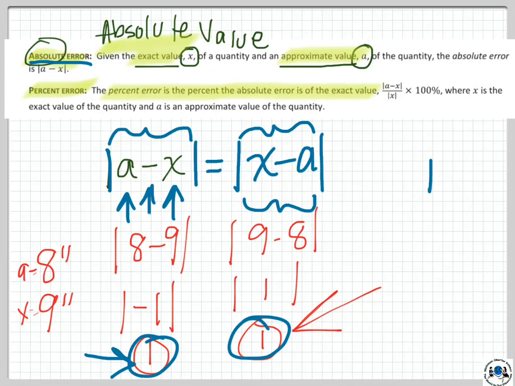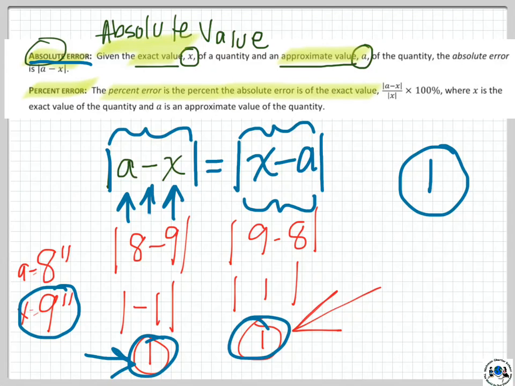So here, I'm sorry, the percent error is the percent of the absolute error is of the exact value. So we're comparing that absolute error to, in this case, the exact value.